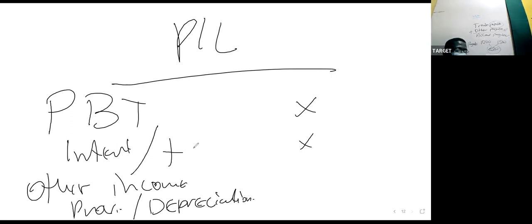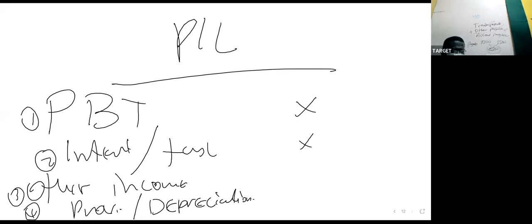Interest and tax. So I've given you 1, 2, 3, and 4. Only 4 items you must look out for in the P&L. Any other item aside from these 4, do as if it's not part of the question. Simple as that. So I'm going to scan through it for you.